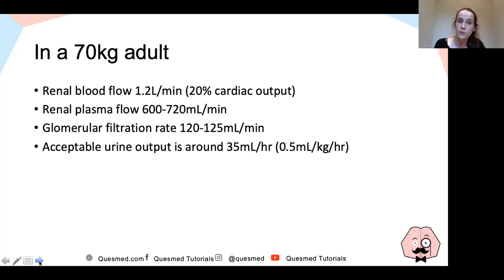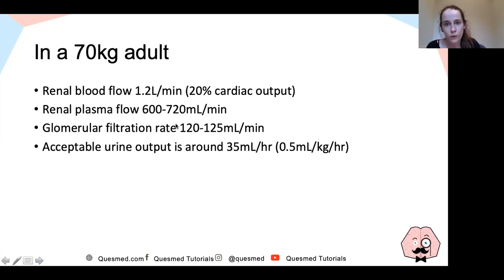And then the acceptable urine output for an adult. Obviously, if someone's drank loads of water, they might pee loads more. But what we would consider to be a pathological state would be less than 0.5 mils per kilogram per hour, and that's about 35 mils per hour. Okay, so that's a huge difference.